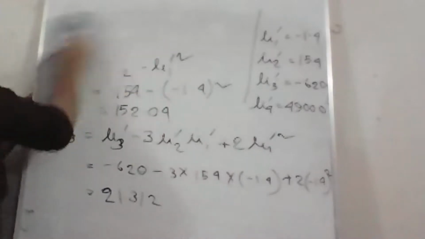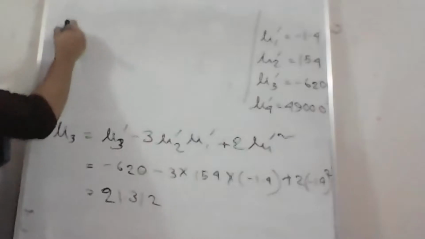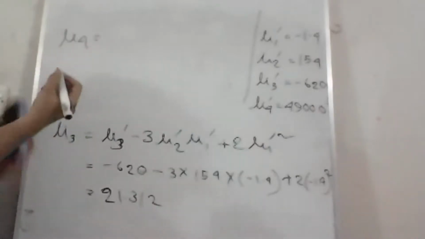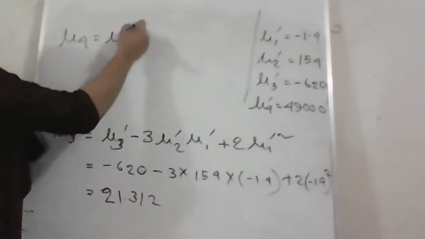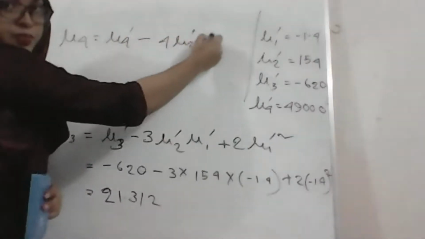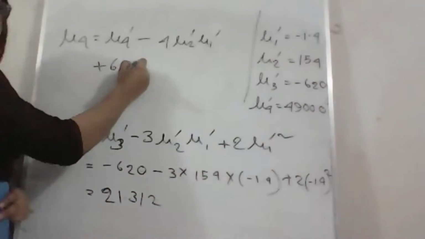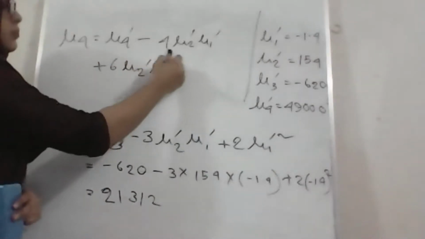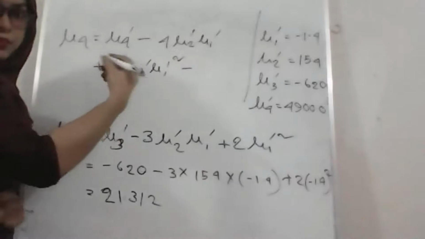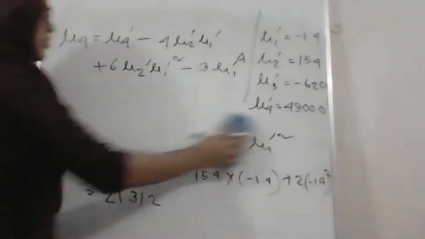I'm going to remove this first one and write here the fourth central moment. The fourth central moment is equal to... That was the formula.